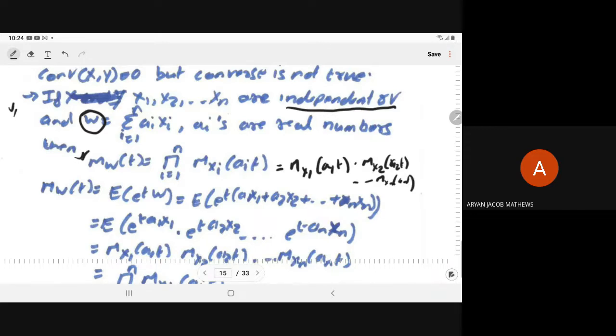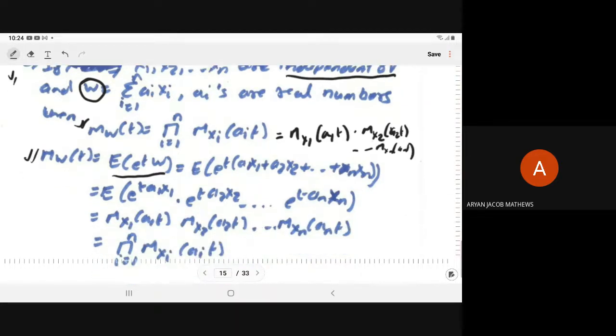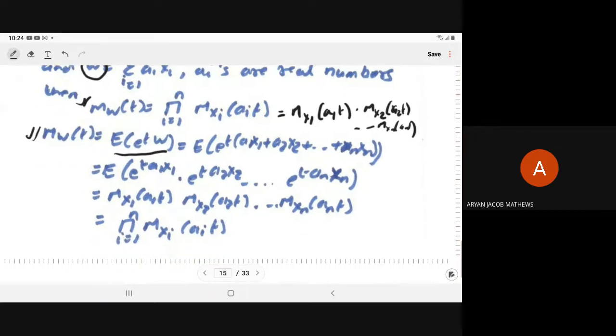So how can we compute it? What is the basic formula of the moment generating function? It is the expectation of e to power tw, right? And w is what? A linear combination of x1, x2, xn. So w is equal to a1 x1 plus a2 x2 plus an xn. Apply the algebra. This will become expectation of e to power t a1 x1 into e to power t a2 x2 into e to power t an xn, and expectation follows the linear properties.